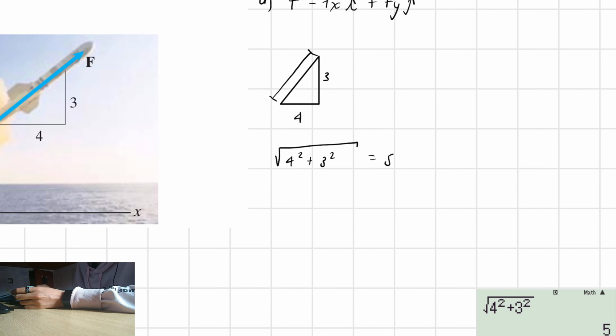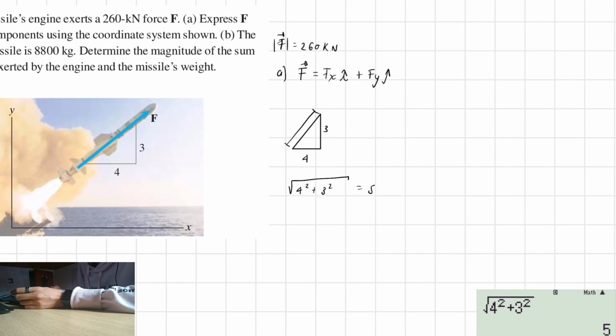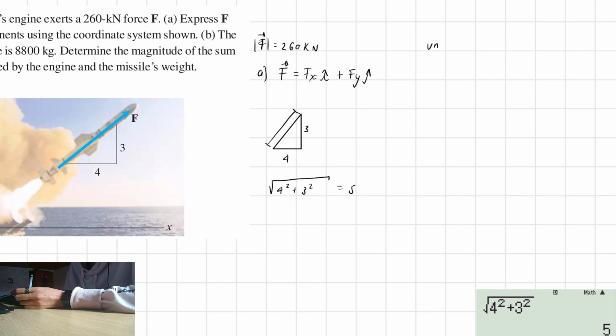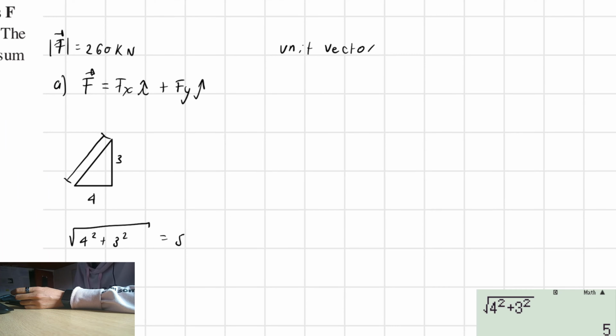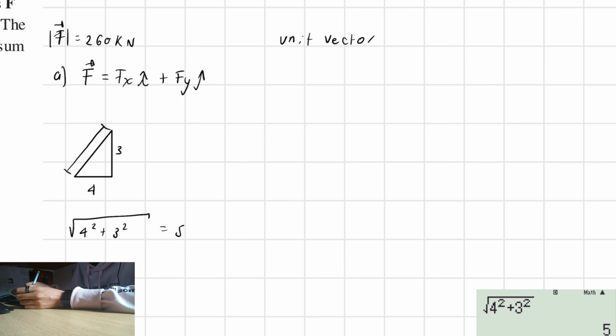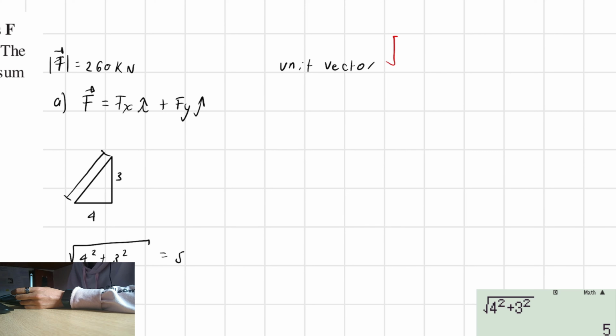Now, we're going to use a concept called the unit vector. I've explained this within my previous videos, but we're going to do it once again. When I talk about a vector, there are two things that occur the most, and those things are the magnitude and the direction. But the unit vector, as the name suggests, is a vector whose magnitude is equal to 1.